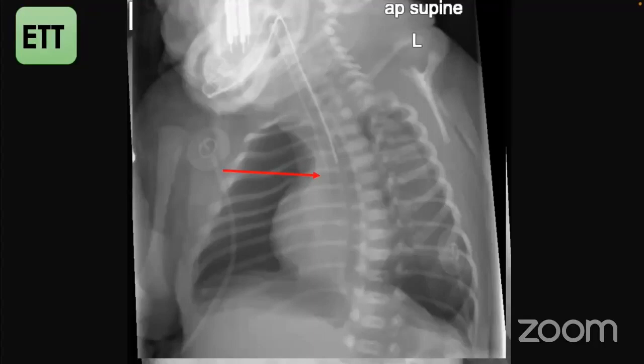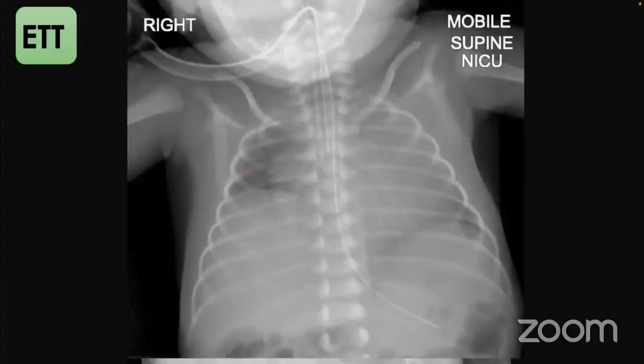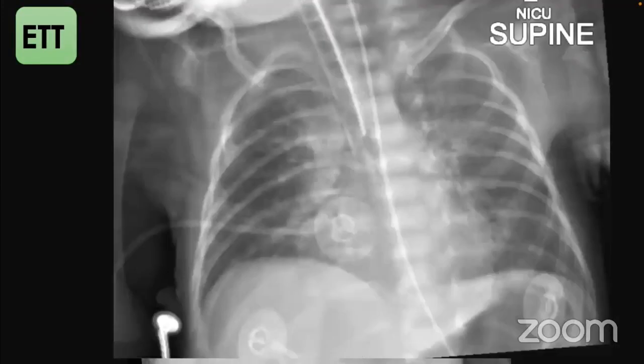Here as well, it's at the level of the carina. And we can see the tip of the endotracheal tube at the level of the carina. Here as well, it's at a low position at the level of the carina as well.